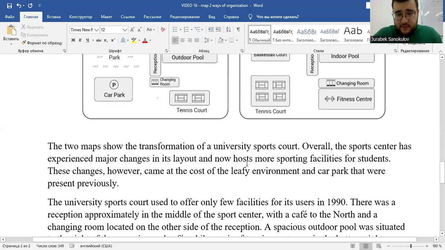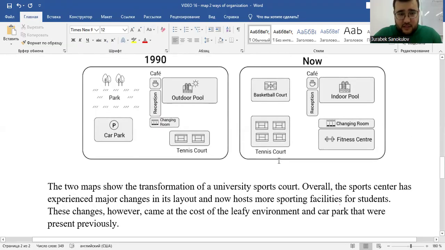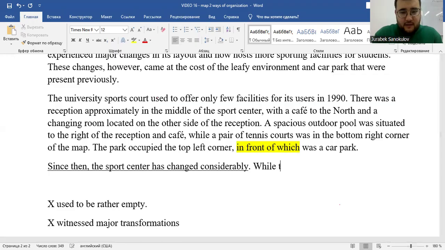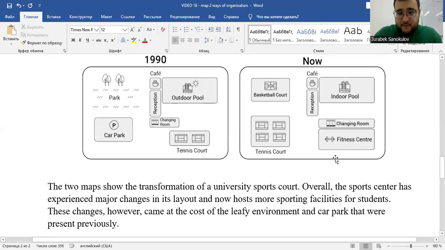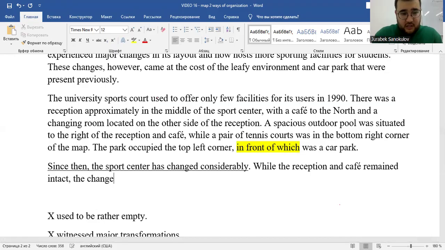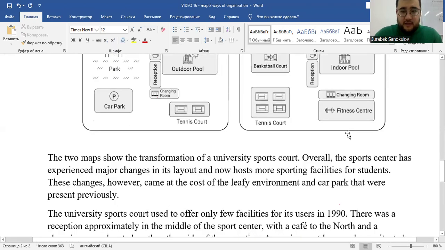So let's start with, again, reception and cafe. While the reception and cafe remained intact, they didn't change. The changing room was or has been extended eastwards. Eastwards basically means towards the east.